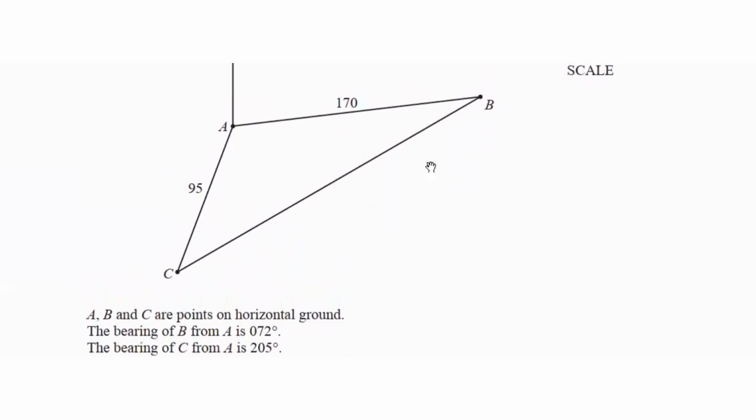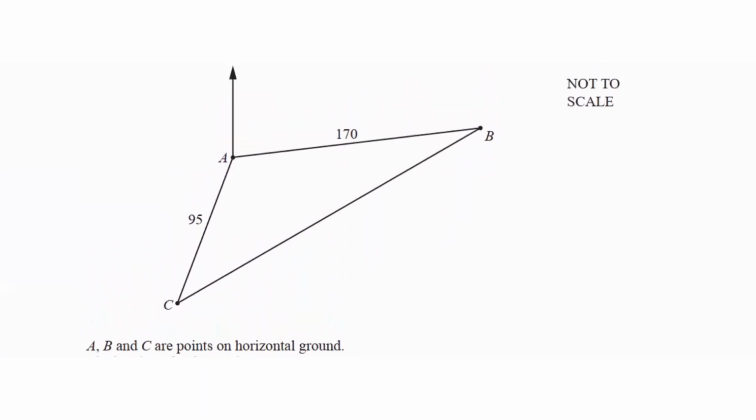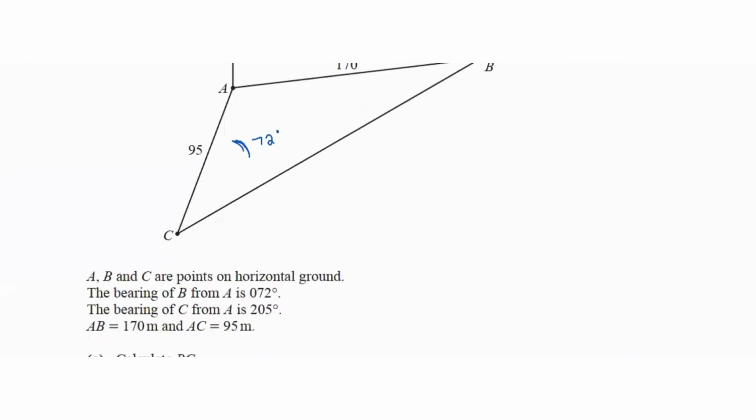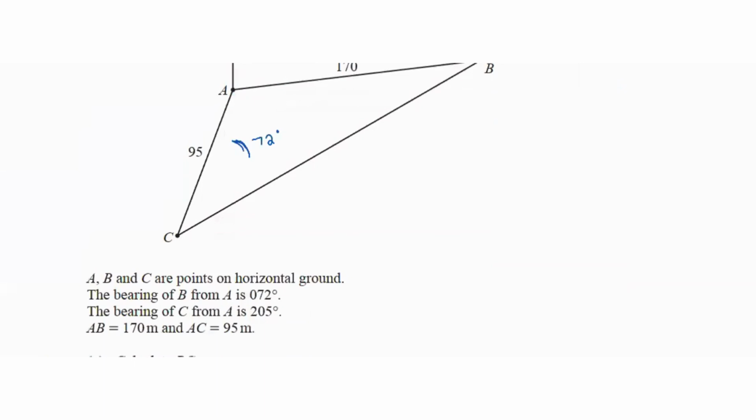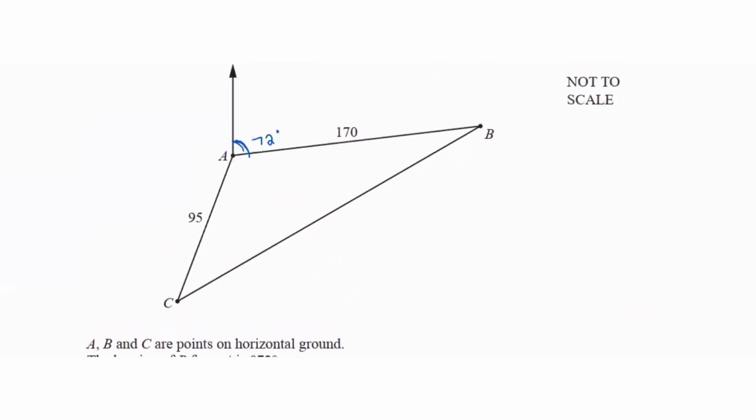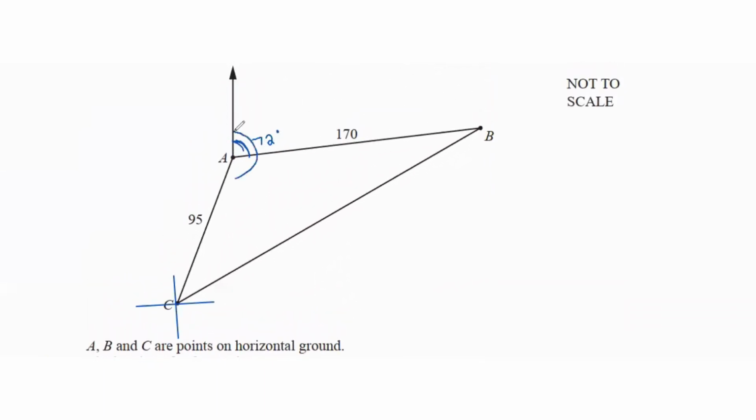So bearing of B from A is 72. This is 72. And bearing of C from A is 205. This entire angle is 205.